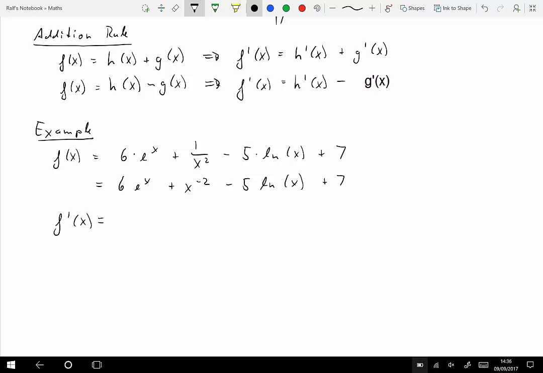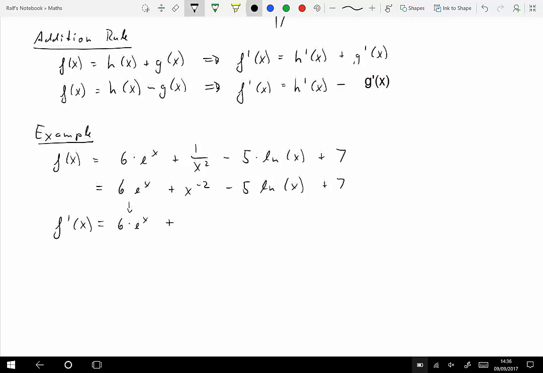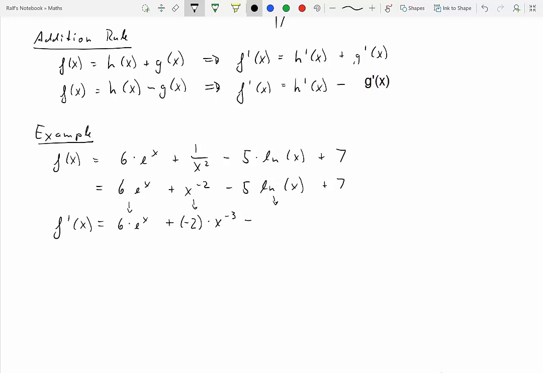So here's the solution. F prime of x: the derivative of the first term is just itself, 6 times e to the x, because the derivative of e to the x is e to the x. The second term is negative 2 times x to the negative 3, then minus 5 times 1 over x, because that is the derivative of ln x, and then plus 0, because that's the derivative of the constant 7.